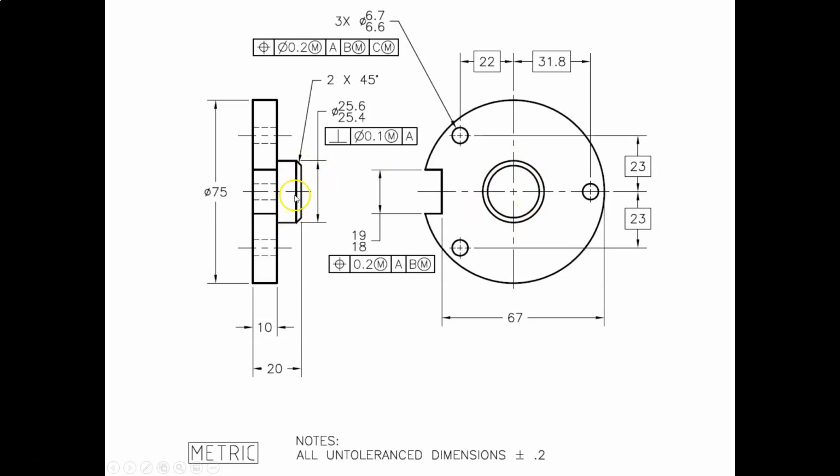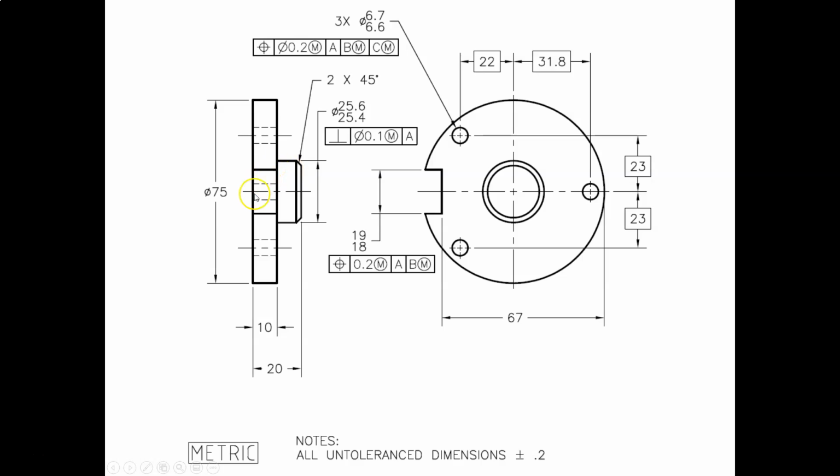In the first larger cylinder, we have a square or rectangular notch cut into the left side of it. We also have 4 holes positioned around the perimeter. And then finally, we have an inclined surface, what we might call a chamfer, on the smaller cylinder. So that's the shape description.